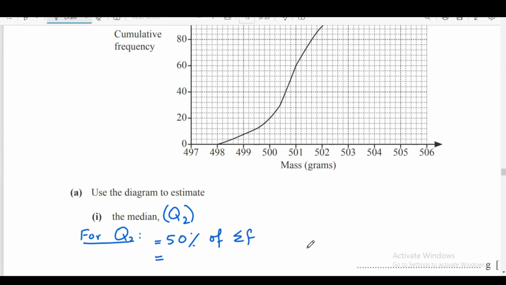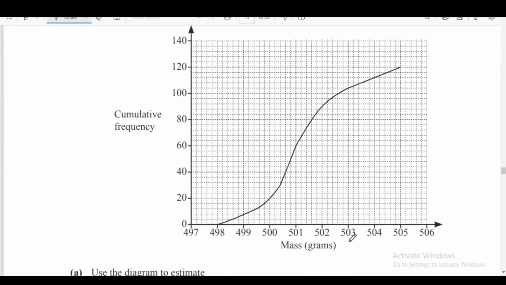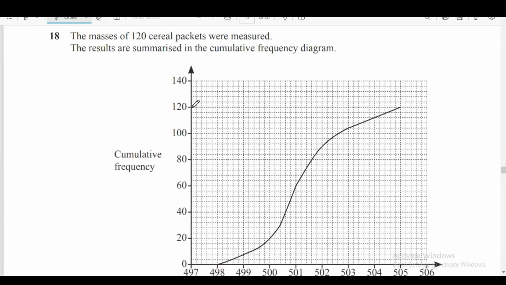Now sigma f in this diagram, be careful, sigma f is the end value of the graph on the y-axis. So this is our sigma f because it is the end value of the cumulative frequency curve on the y-axis.